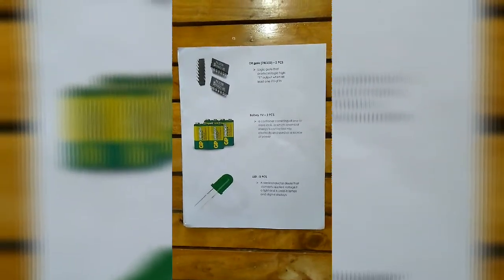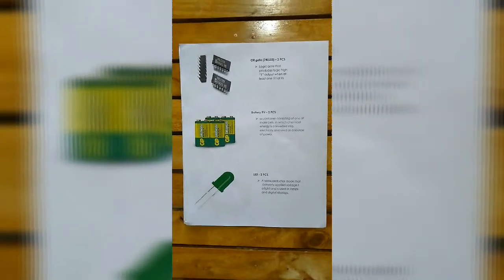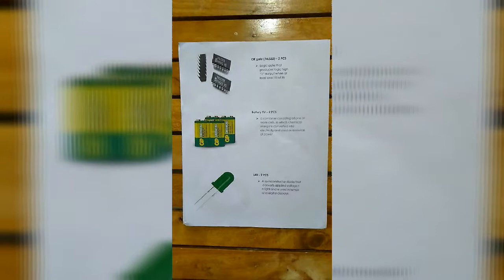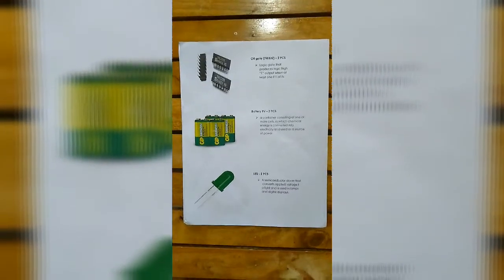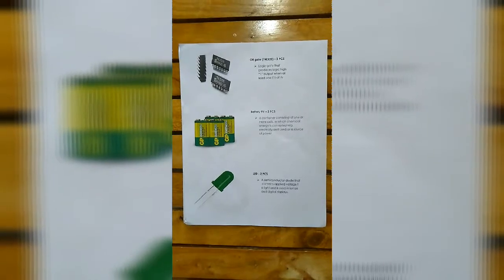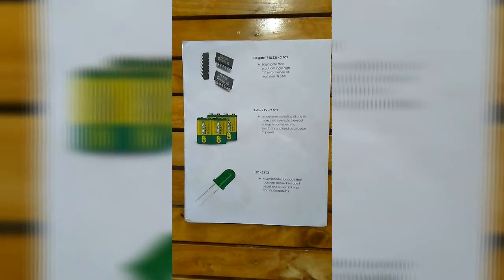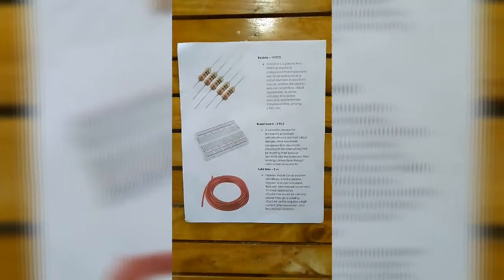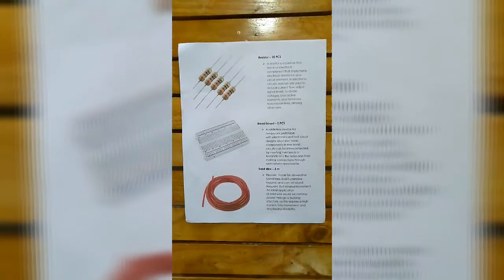Then the fourth material is the battery, 9 volts, two pieces. Then the fifth one is the LED, two pieces, color green. The sixth material is the resistor.